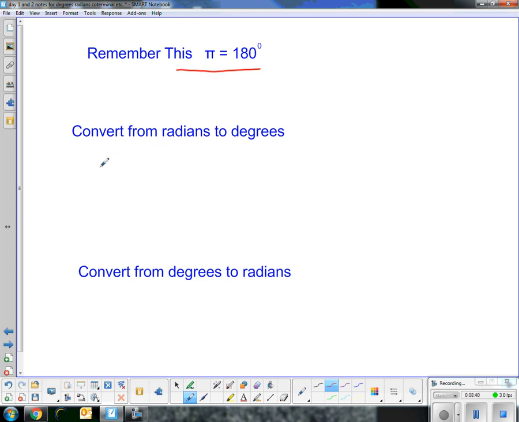If you were asked to convert 7 pi over 12 to a degree measure, in chemistry you do unit conversions by canceling out units. So this is a radian measure, and we want to convert it to degrees. I would like to get rid of this pi, and I know that pi is equivalent to 180 degrees.